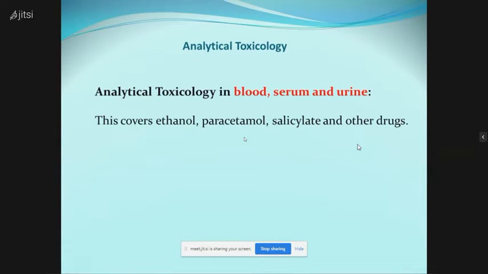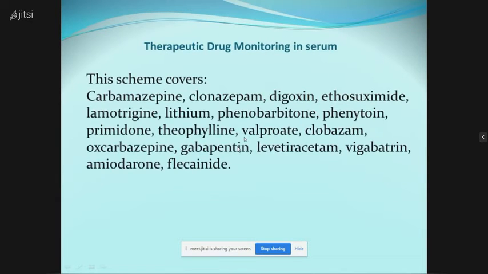So the analytical toxicology is mainly for blood, serum and urine, and this covers ethanol, paracetamol, salicylate and other drugs. We also use this assessment to check the therapeutic drugs and see whether the therapeutic drugs are above or below the normal level.